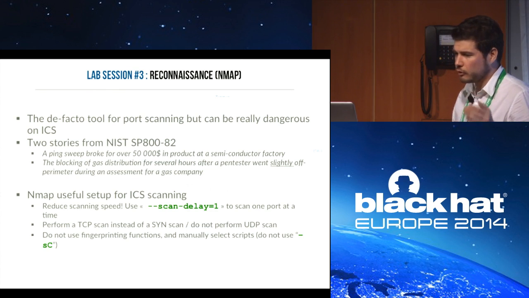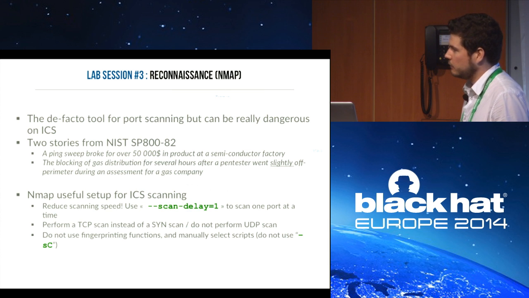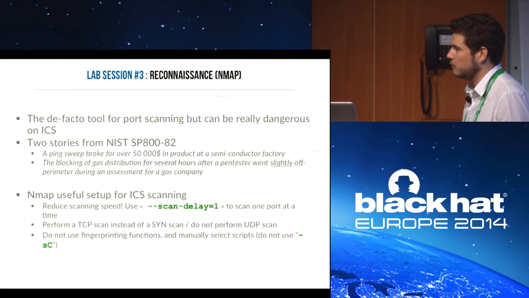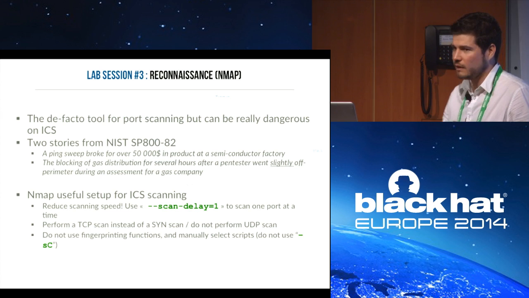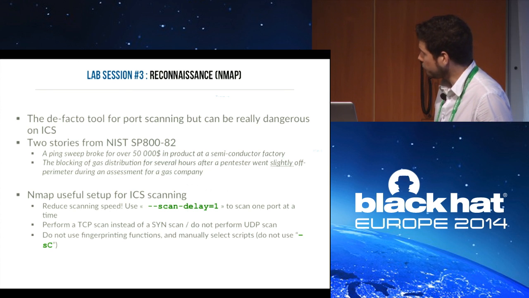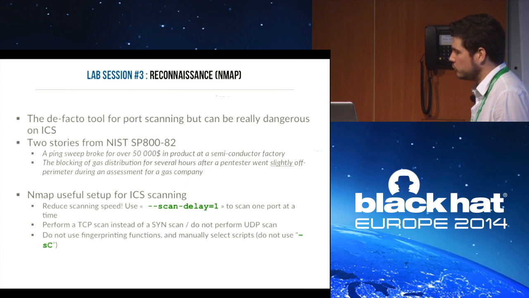So actually, all the communication cards just crashed, because most of the time when you're talking ICS, the devices have, let's say, some weak TCP/IP stack, so it's quite easy to perform a denial of service, sometimes only by performing an Nmap scan. You can find also two interesting stories from the NIST standard about people trying to perform penetration tests on ICS.